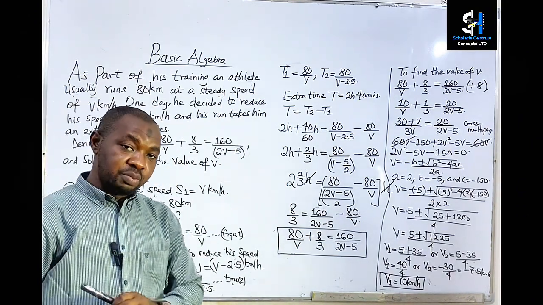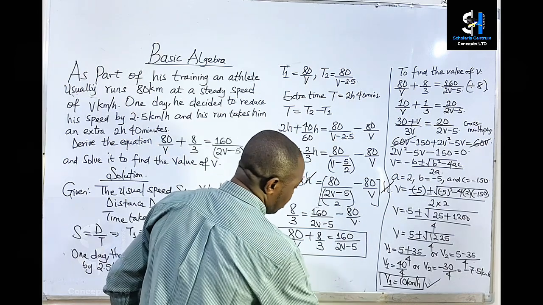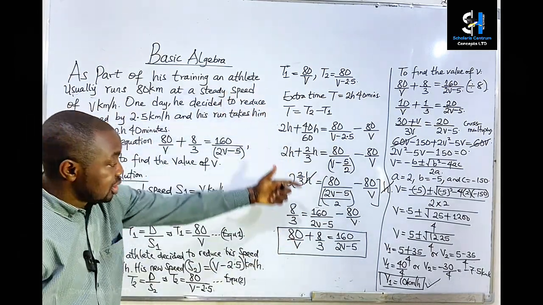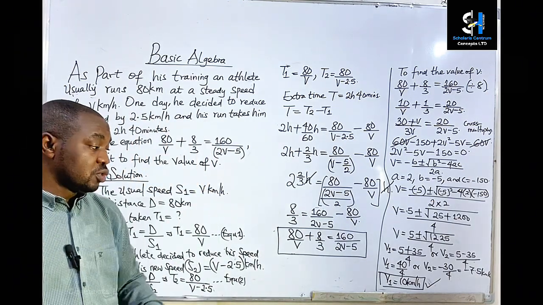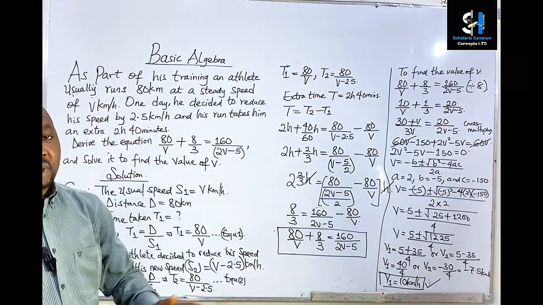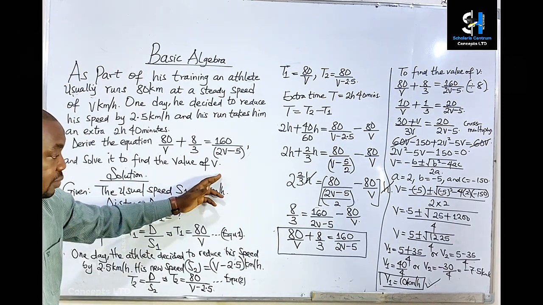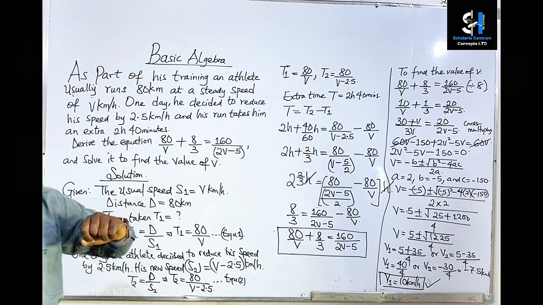Like I said, it must be positive. So the only answer here which satisfies this equation is V equals to 10 kilometers per hour, which is the value of the speed, the steady speed of V kilometers per hour.